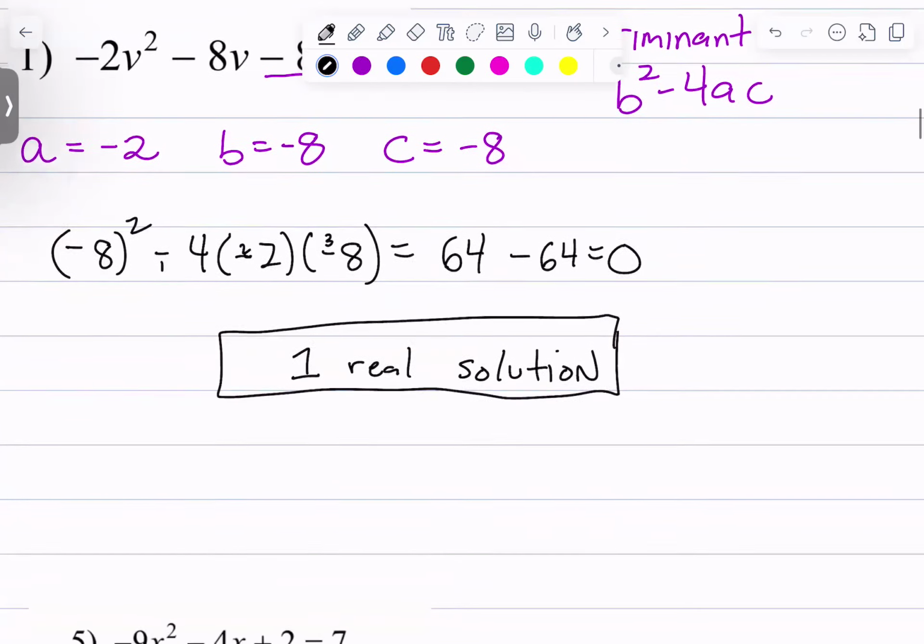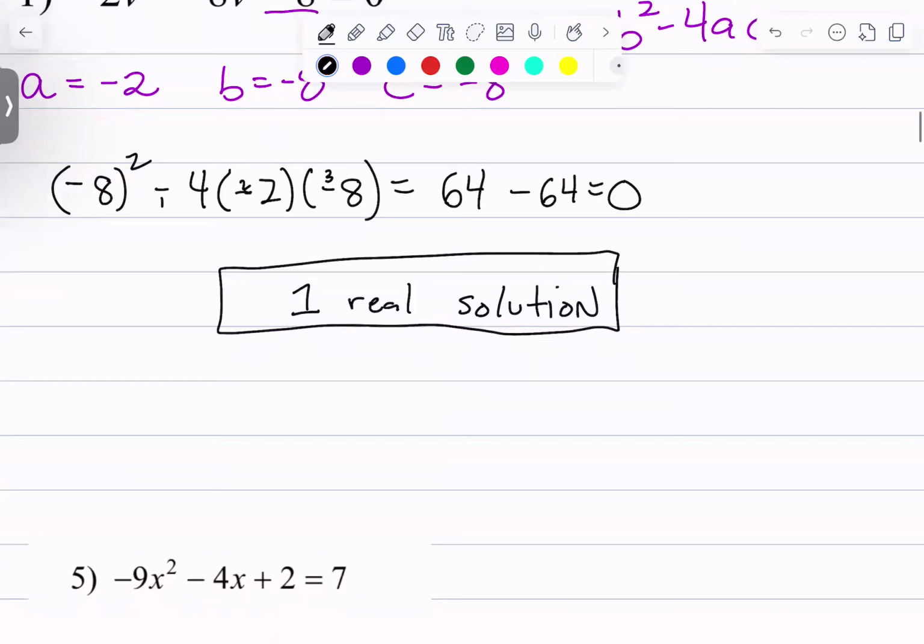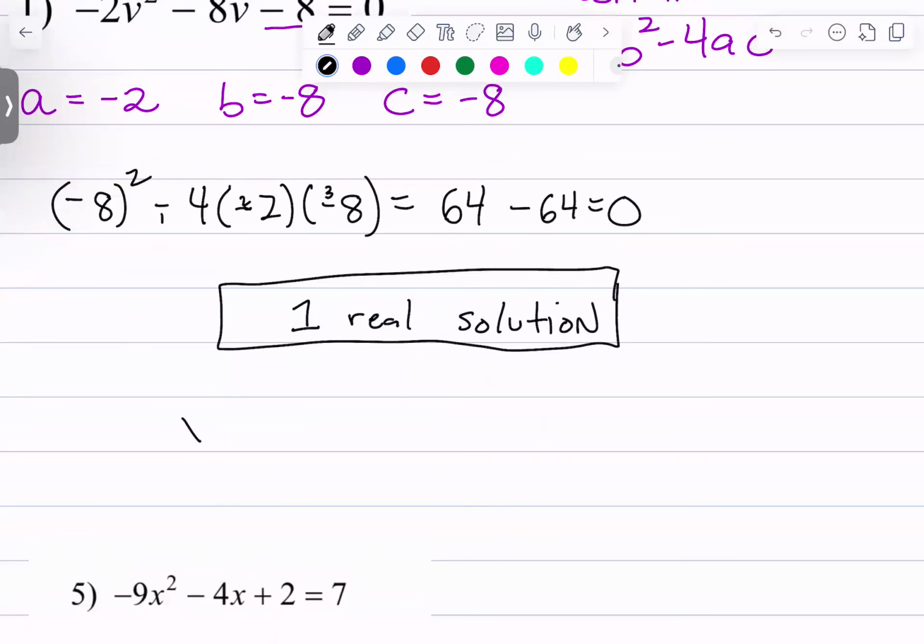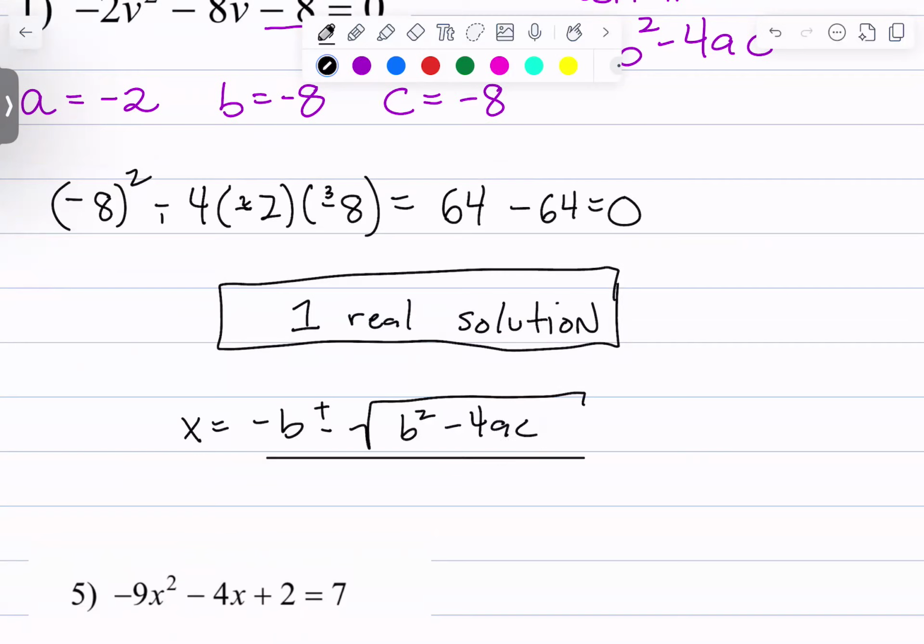The discriminant tells us how many real solutions I have because the discriminant is a part of my quadratic formula. X equals -b plus or minus the square root of b squared minus 4ac, all over 2a. Because my discriminant is underneath my square root, if it's negative, I have 0 real solutions because there's no real square root of a negative.